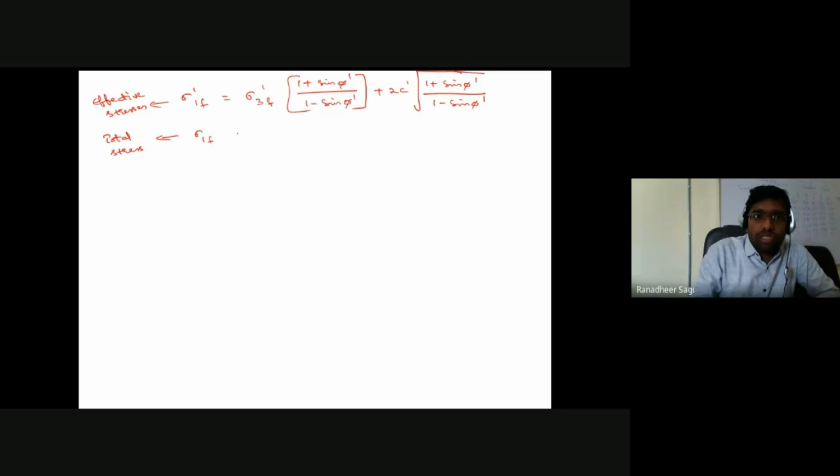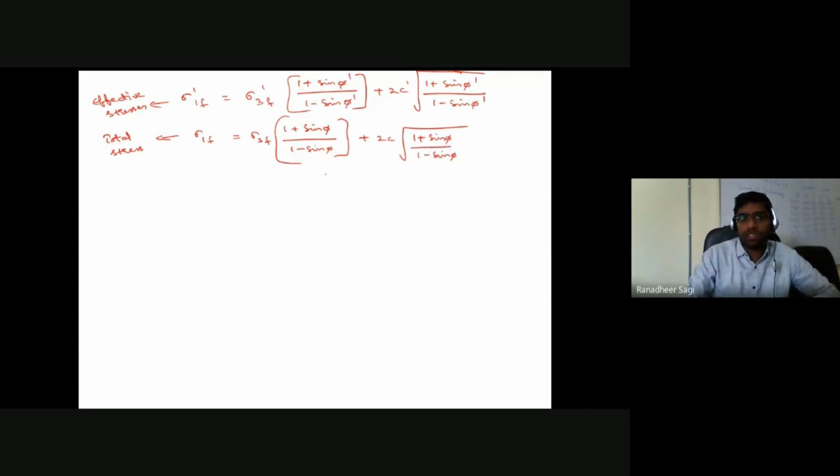Sigma 1 at failure is sigma 3 at failure into (1 plus sine phi) by (1 minus sine phi), plus 2c into the square root of (1 plus sine phi) by (1 minus sine phi). This expression is in terms of your total stress condition. Okay, so now let's quickly come back to our problem that we have been looking at.